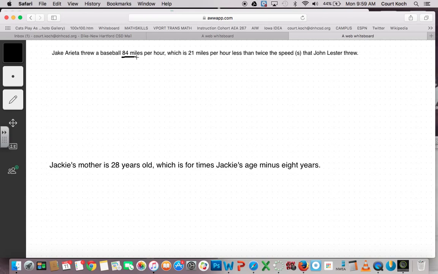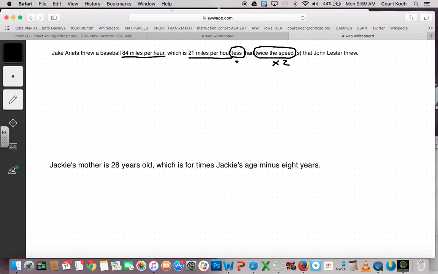So I know I have 84 miles per hour here, and 21 miles per hour. But then I get a nice easy word here that says less, and I know that means subtract, than twice the speed. This phrase, twice the speed, means multiplied by 2 what Jon Lester threw.